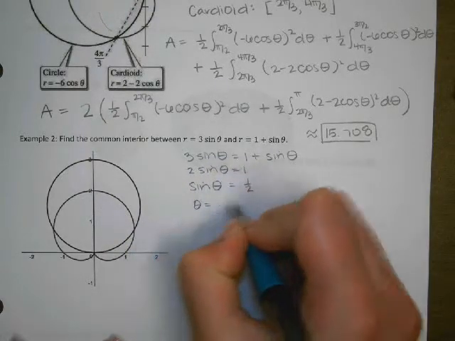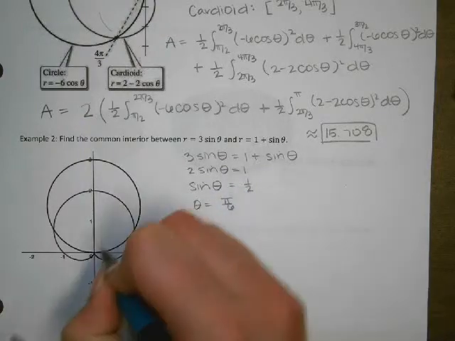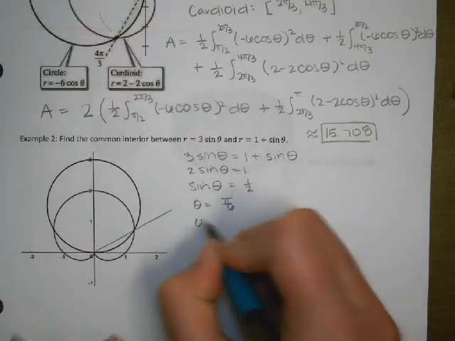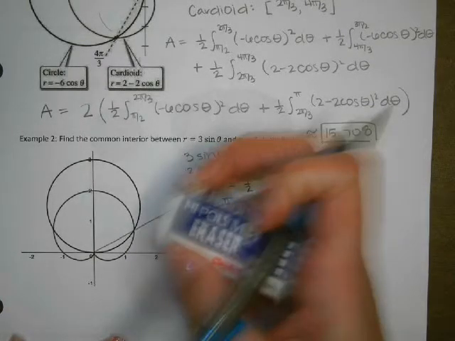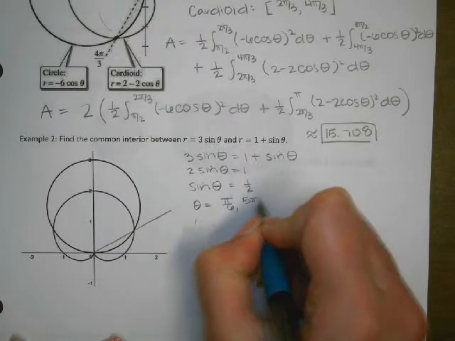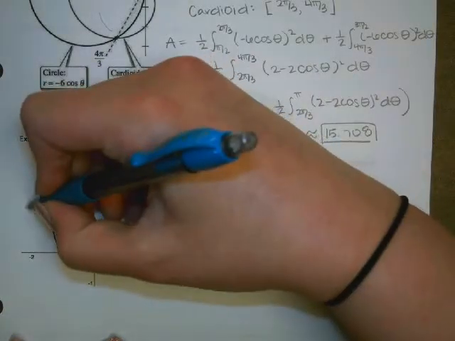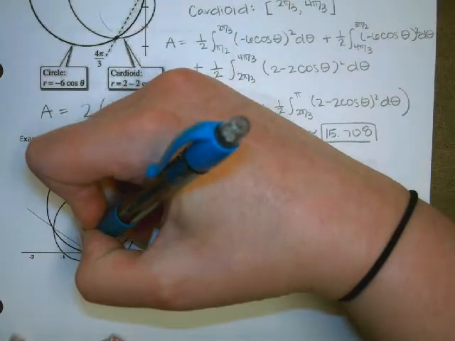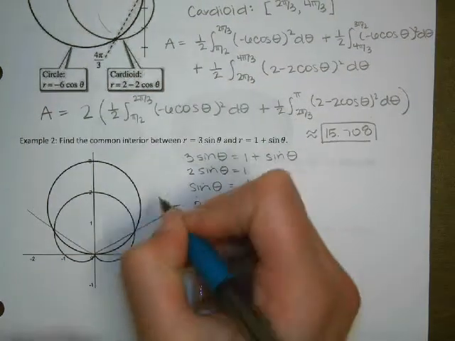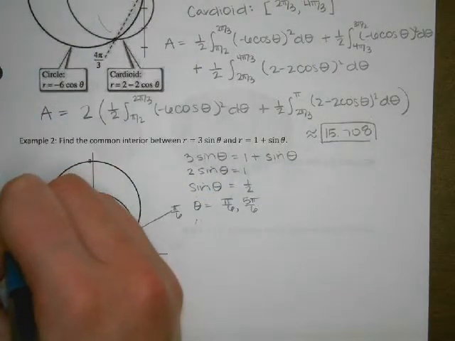And so theta equals pi over 6, which I can see is this one right here. And then theta also equals 5 pi over 6, which I can see over here. That was a pretty good straight line. All right, so pi over 6, 5 pi over 6.